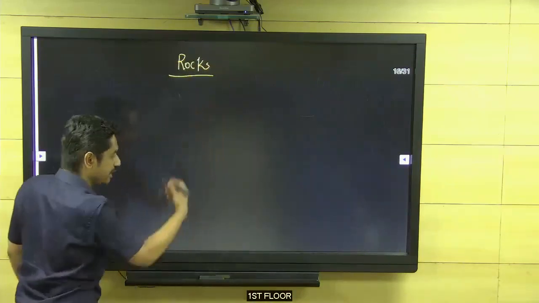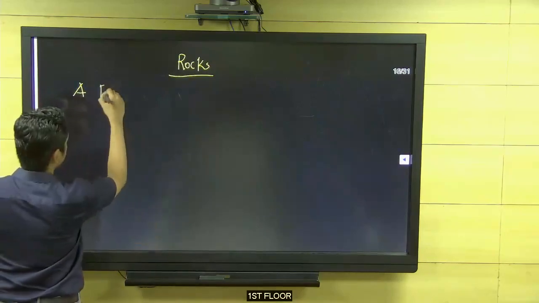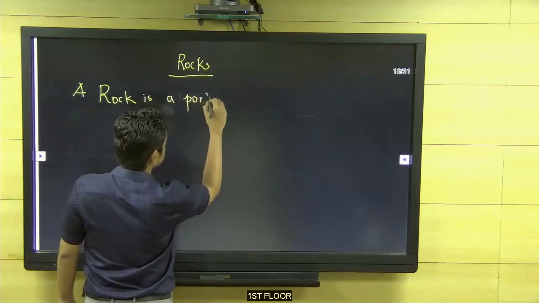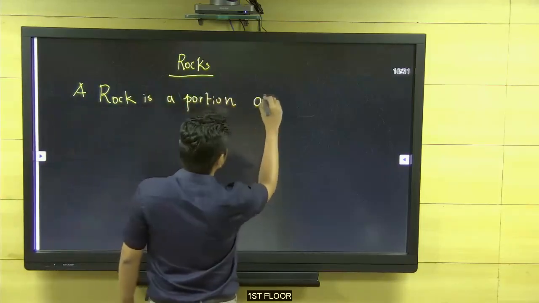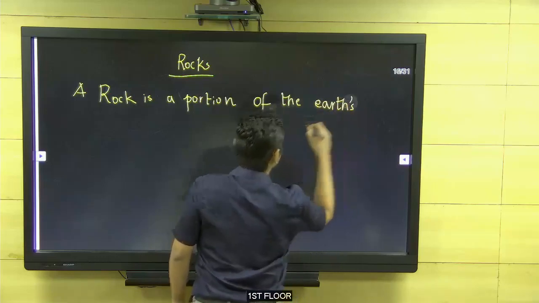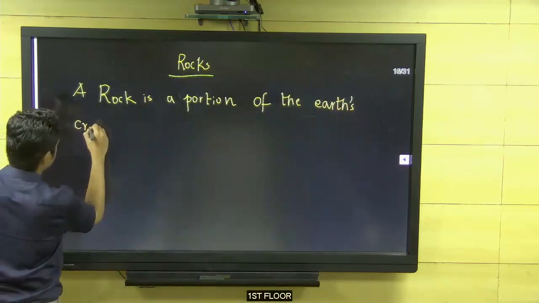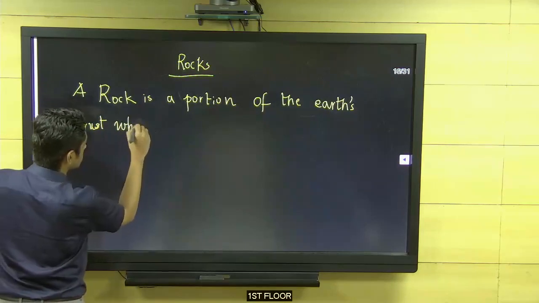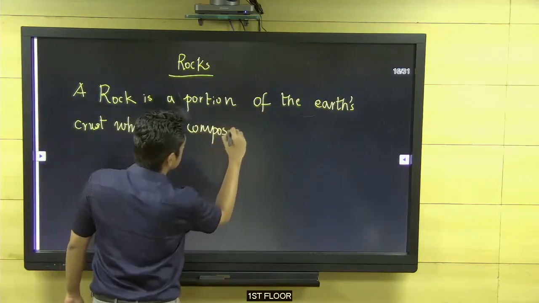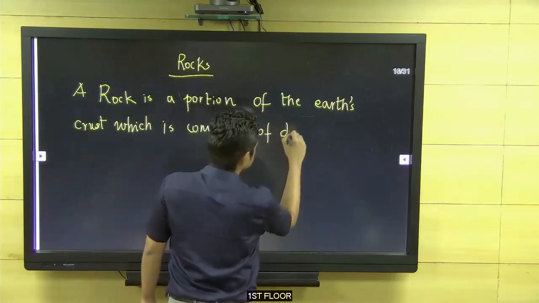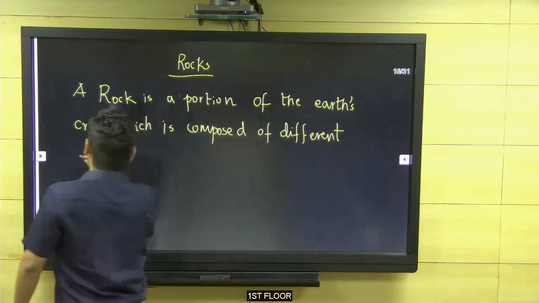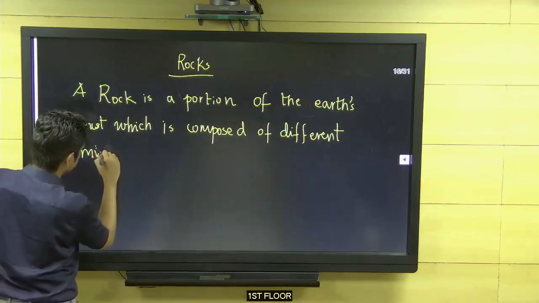So let me give the definition, then explain. A rock, not the rock, a rock is a portion of the Earth's crust which is composed of different minerals. Okay, is composed of different minerals.